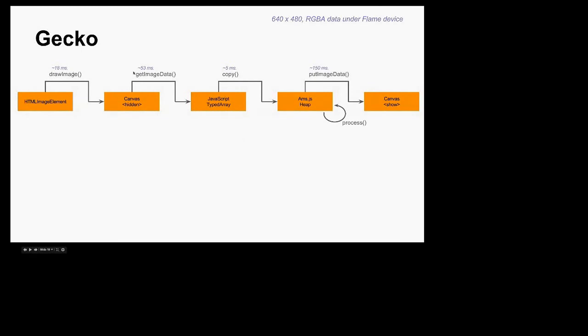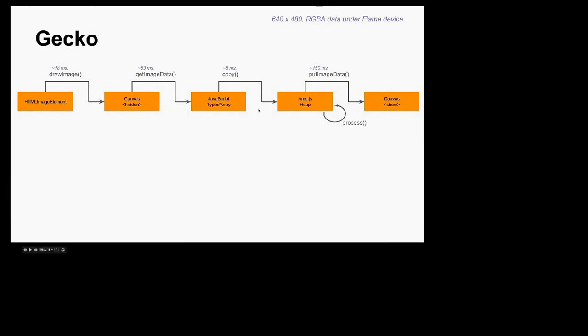You can see the performance data here. The performance data is measured on the Flame device, and the image resolution is 640 by 480, and the color format is RGBA. So several questions are raised. The first one is, can we access the raw data directly without going through an unnecessary canvas element?